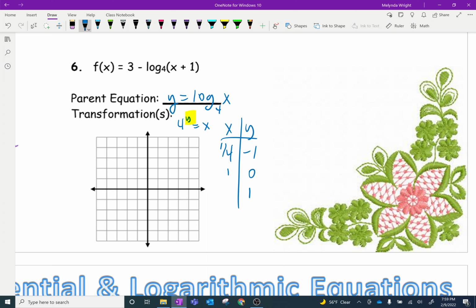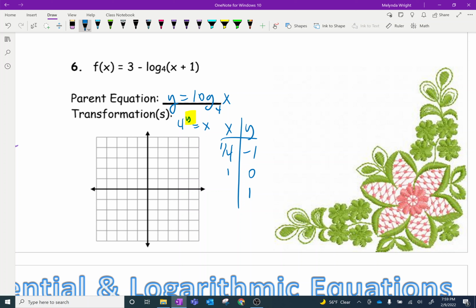So let's graph our points. 1/4, -1, 1, 0, and 4, 1. And so let's go like this and like that. Okay, great. We have the parent graphed.